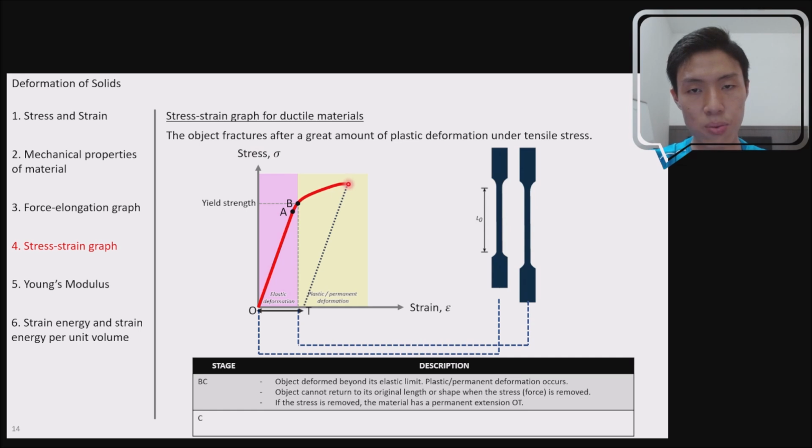If it's an elastic deformation, the strain will get back to zero. You follow this path, and your strain gets back to zero. After you release, the stress is zero and the strain is also zero. That's the idea of elastic deformation.